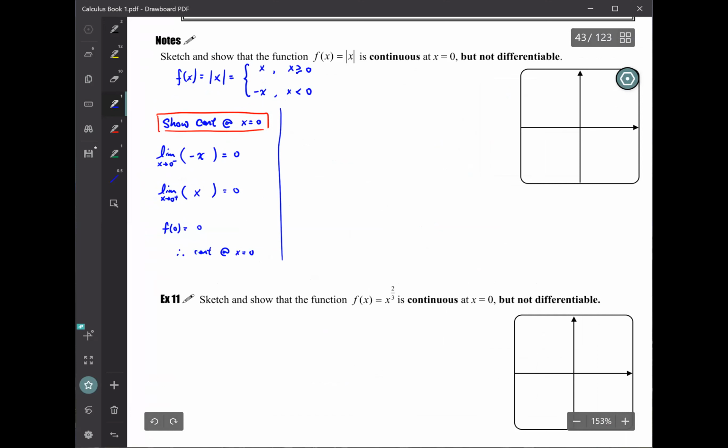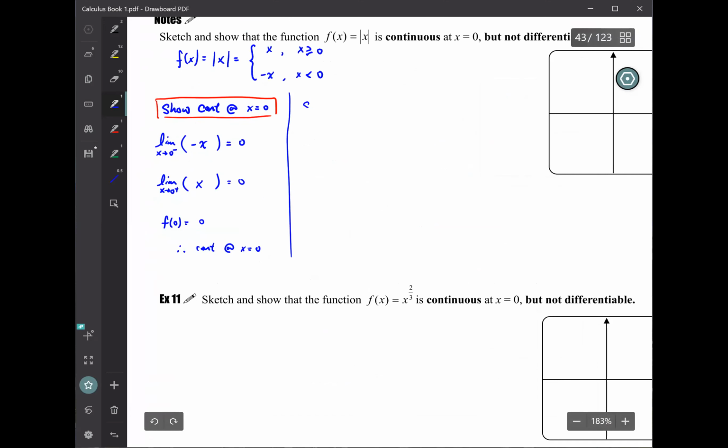Okay, so let's say here, our goal is to show not differentiable. The question tells you it's not differentiable at x equal to 0. This is our goal right now. I want to show that.